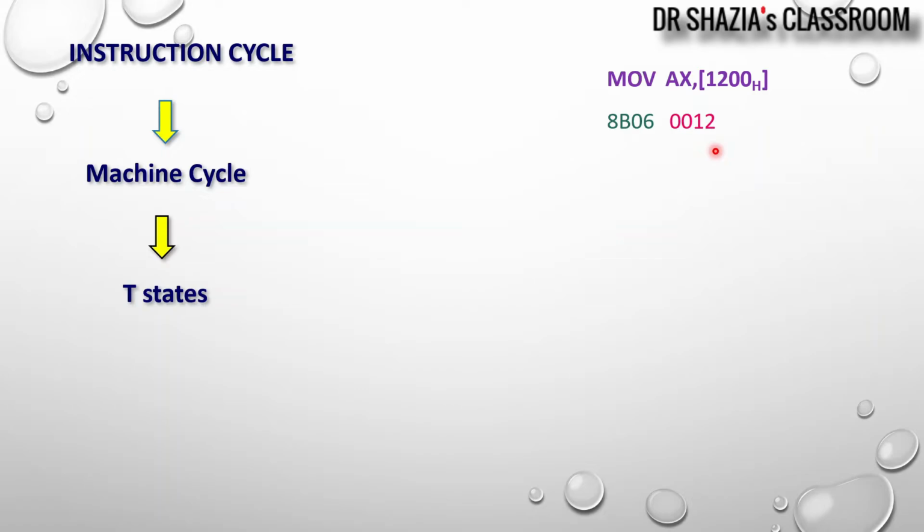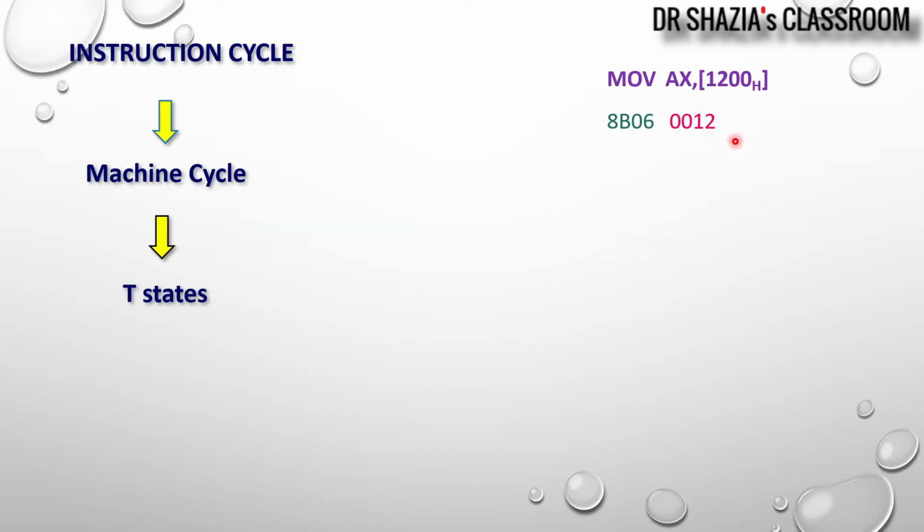The machine code for MOV AX, [1200H] will be 8B060012H. As this particular machine code is a 32-bit representation, to execute this instruction the first thing the microprocessor is going to do is fetch the instruction.